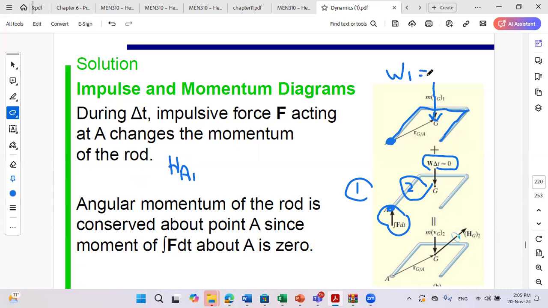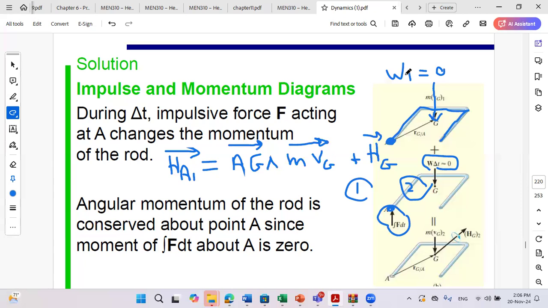What is your general formula? HA vector at state 1 is equal to the moment of vector mVG about A, which is AG cross mVG, plus the angular momentum about G. But since initially you don't have an angular velocity, omega 1 was 0, so the initial angular momentum about G is 0, since the angular momentum is IG omega and omega is 0.